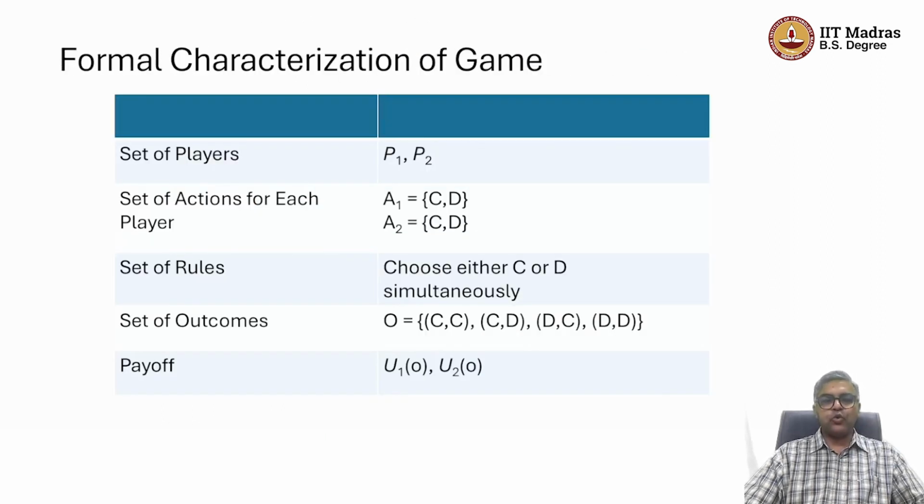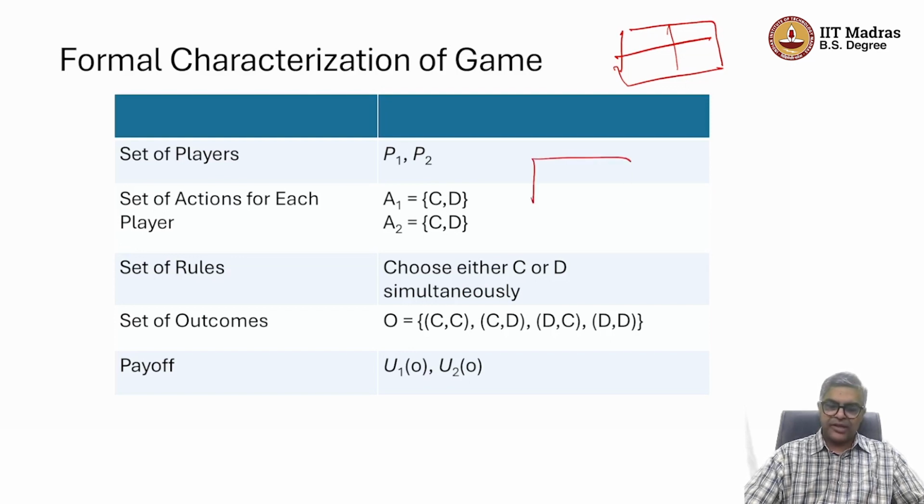Now, we can also go further. In this setting it is very simple because we have two players, each one of them having only two actions. So, we can get a 2 by 2 matrix. What will we do when we have 3 players and they each have, let us say, 2 actions each? We can still go with the tabular form.